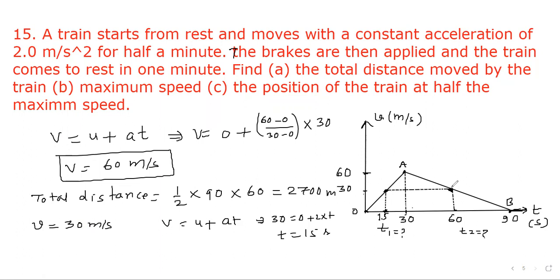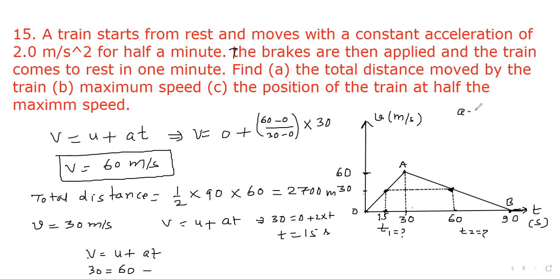Similarly, we have to find out the time corresponding to this point where speed again becomes half during deceleration. So again, we can apply the formula V equal to U plus at. So here V is 30, initial speed is 60. And what is the acceleration during this period? This will be negative acceleration.